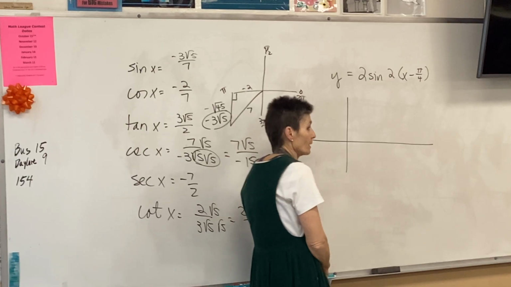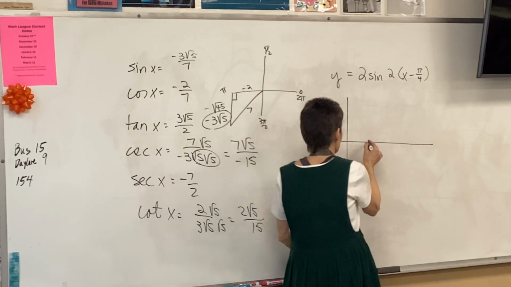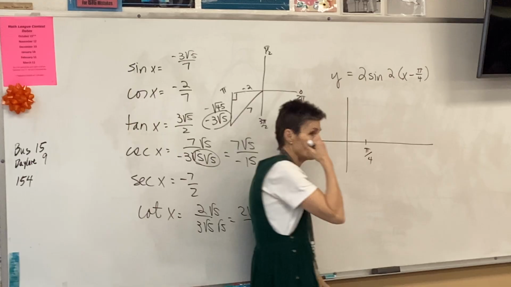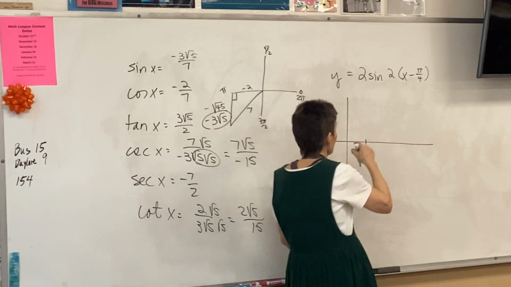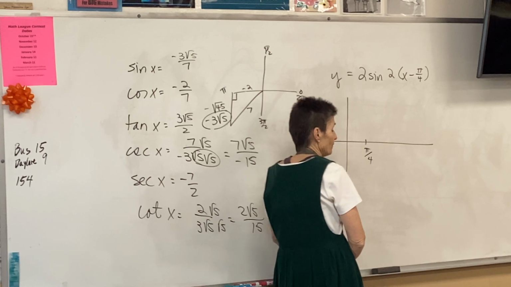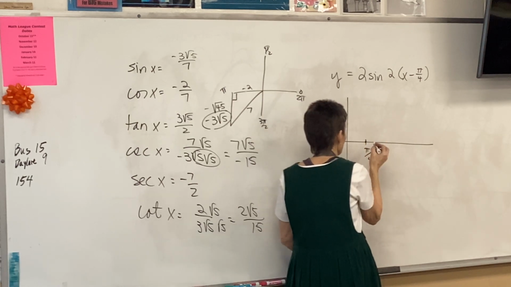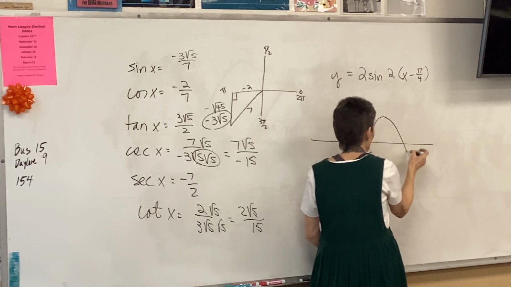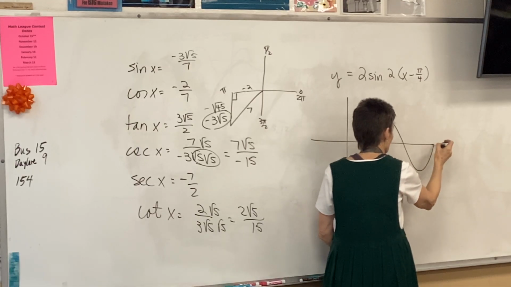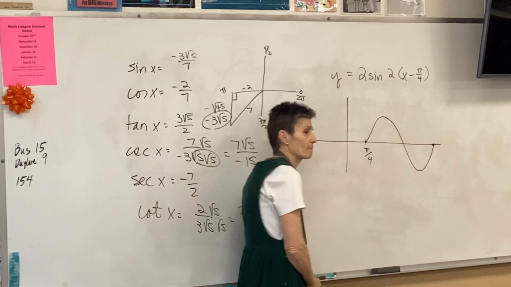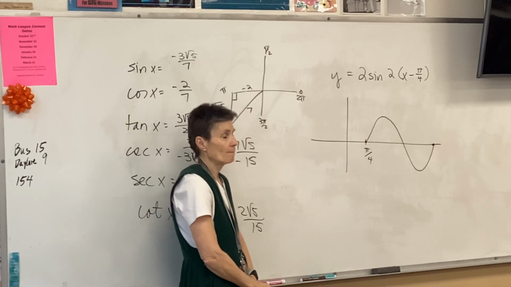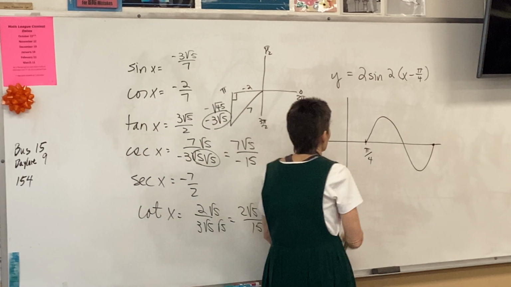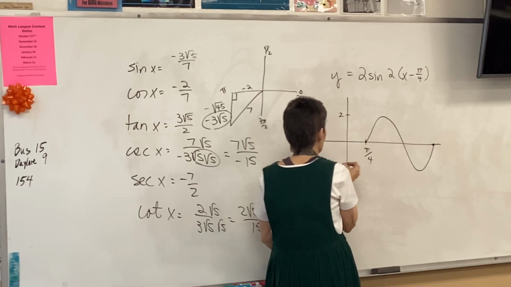So whatever's going on here, it's starting at pi over 4. Did you agree with that? And it is a sine curve, so it's gonna start right there and go up and down like this. Top is 2, bottom is negative 2.